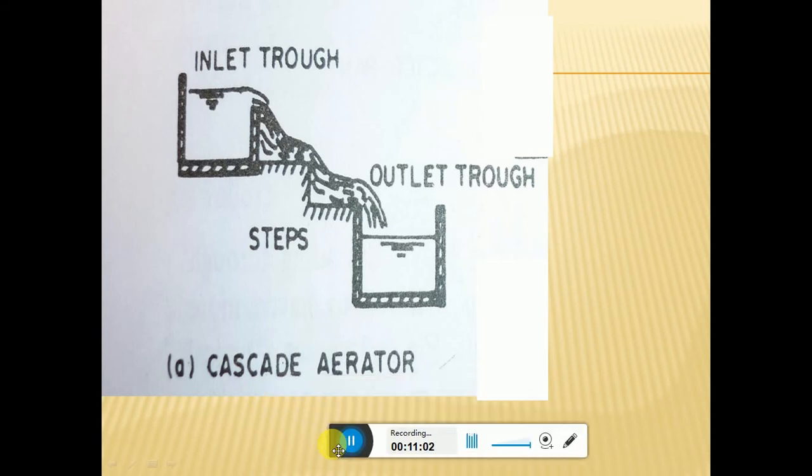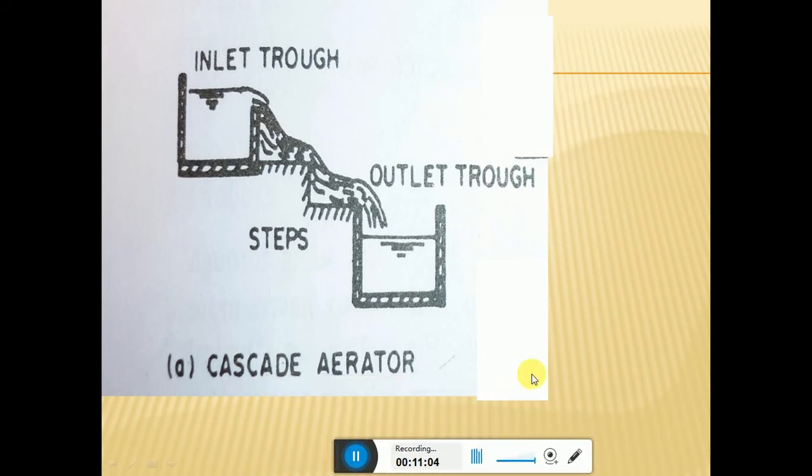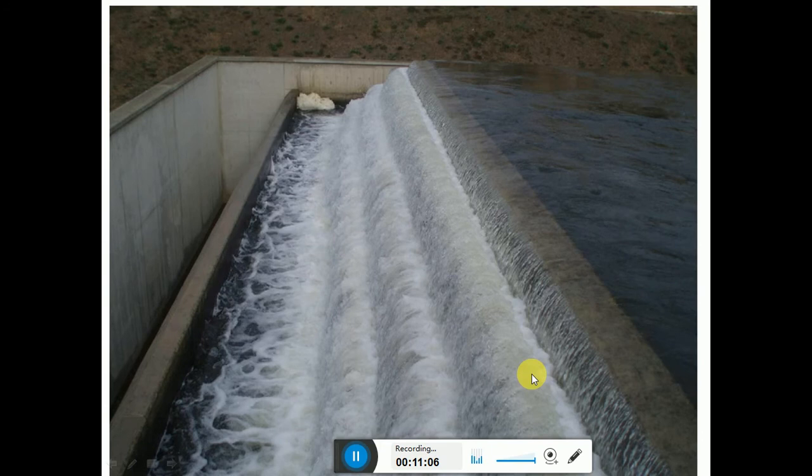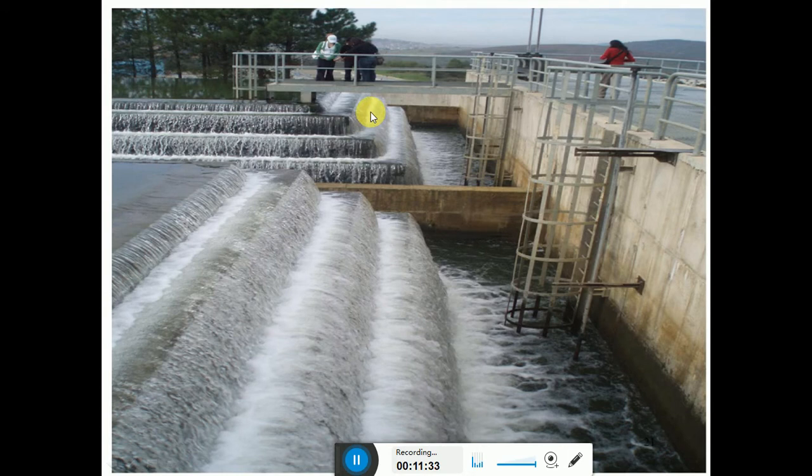You can see here these are the steps. Because of this, the water will be sheared off and mixed with the surface air, that is atmospheric air, and the aeration takes place. These are called the simple cascade type of aerators.